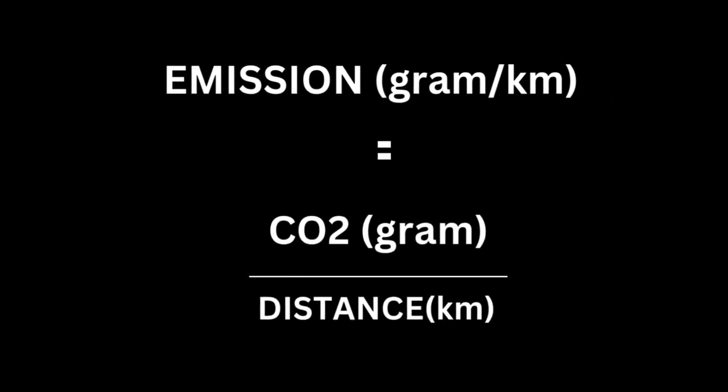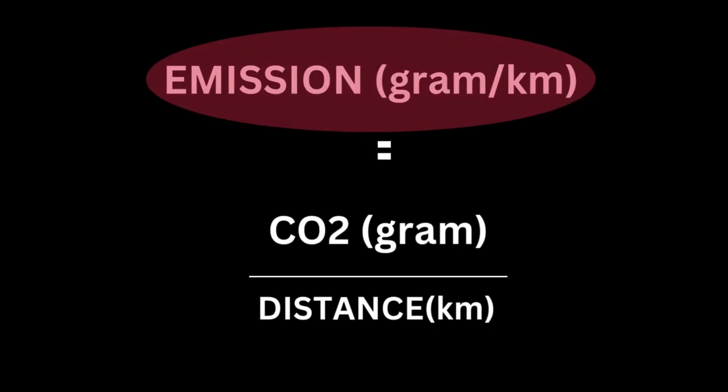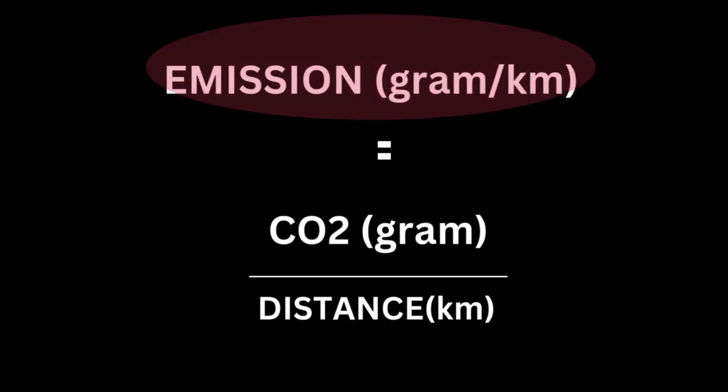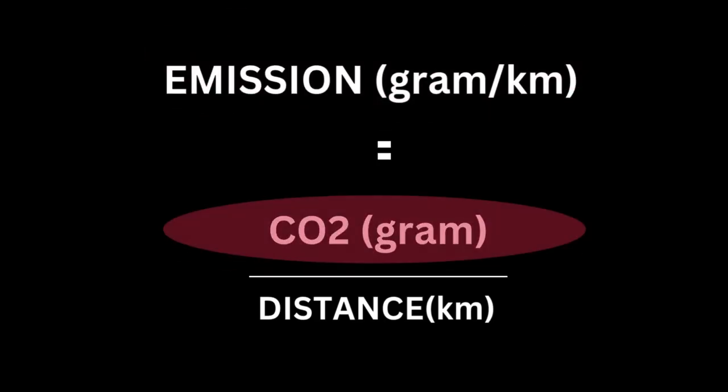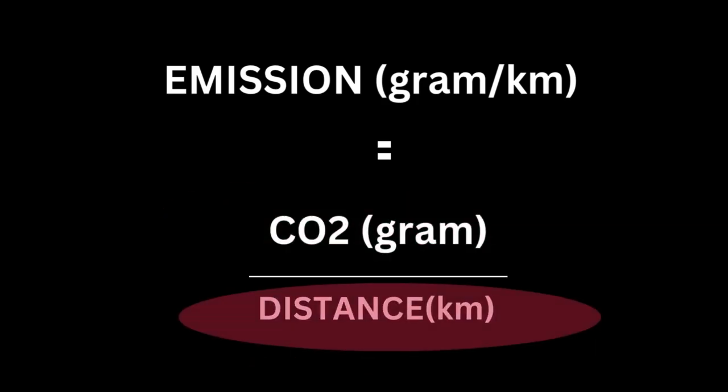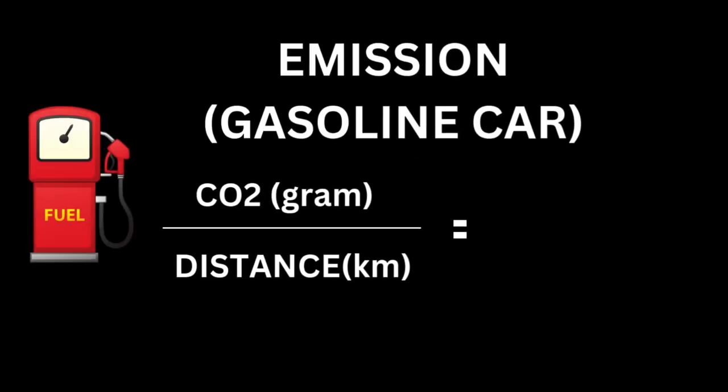Let's count the emission of each car in grams per kilometer. The formula is emission in grams per kilometer is equal to the carbon dioxide in grams resulted by each car divided by the distance in kilometers. Well, let's calculate the emission of the gasoline car.